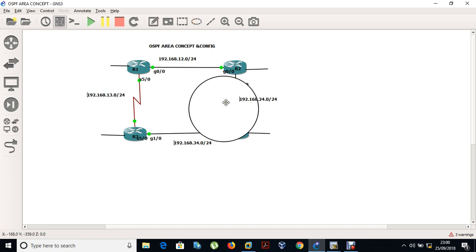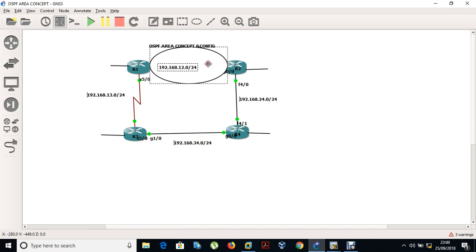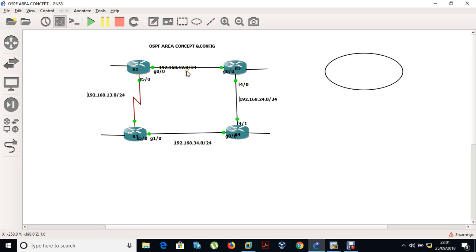For example, now what I will do, let me just put this guy. I will put this link right here into area 0. Just that link right there. And also, before I do that, let me put this guy here. If we had a switch here, all these 4 routers would have one IP address, one network.